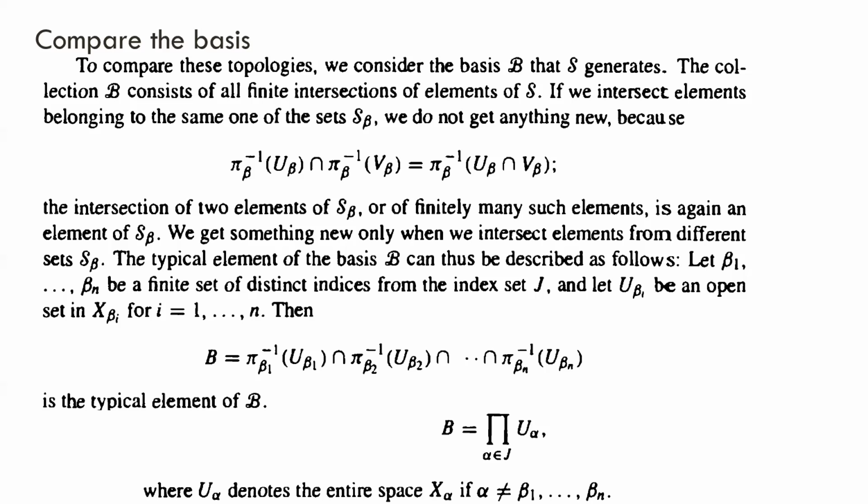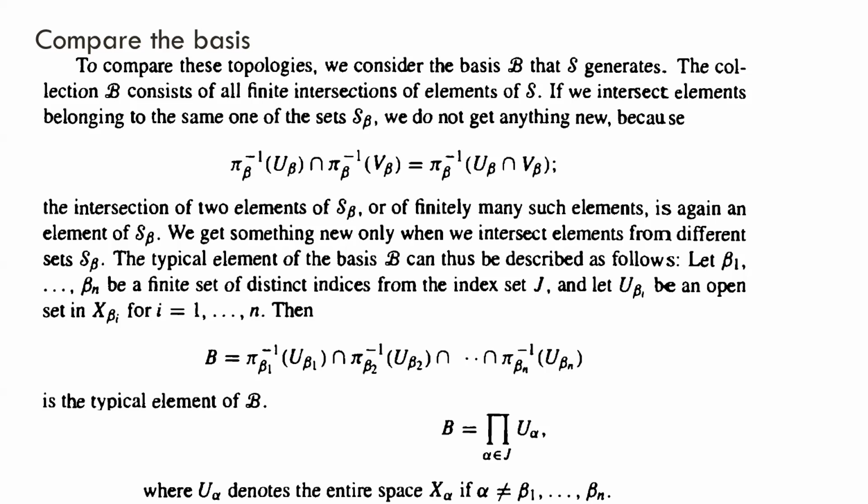If you take (0, 1) cross R cross R cross R intersected with R cross (0, 1) cross R cross R cross R, what you get is (0, 1) cross (0, 1) cross R cross R cross R. Then you get two finite open intervals.